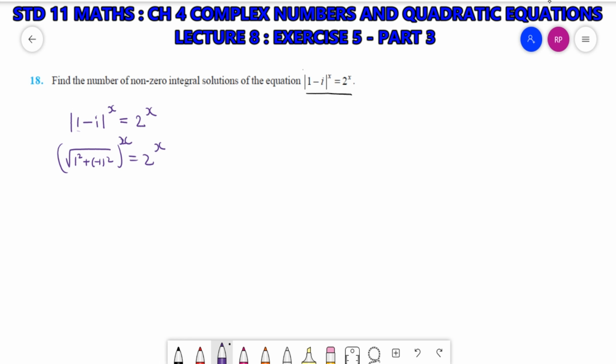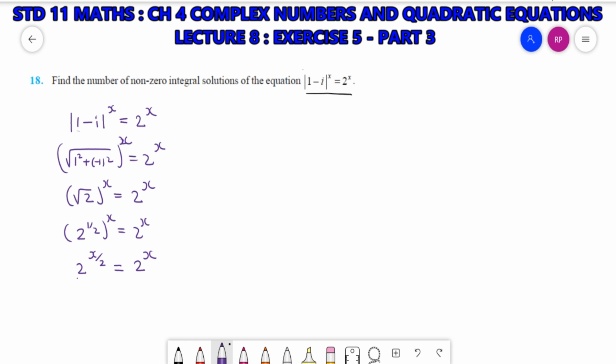So now the square root of 1 squared plus 1 squared is root 2, whole raised to x, equal to 2 raised to x. I can write this as 2 raised to 1 by 2, raised to x, equal to 2 raised to x. So 2 raised to x by 2 equals 2 raised to x.